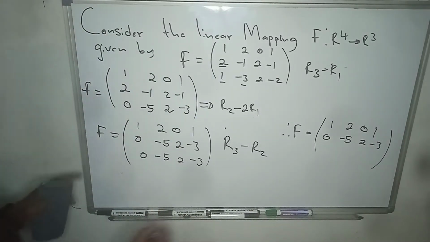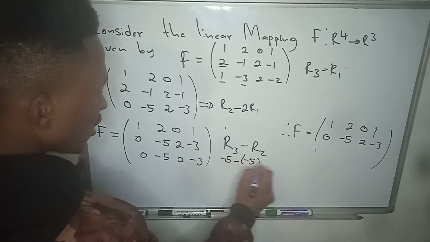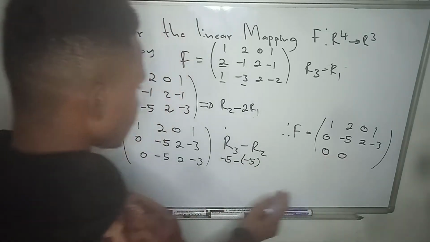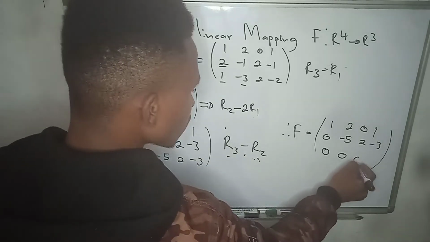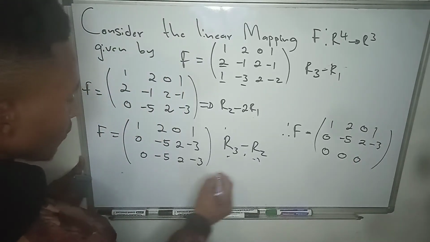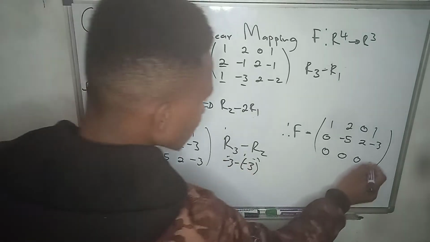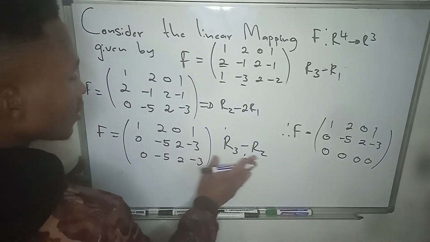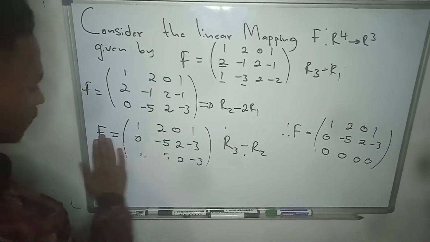This is what I'm going to do. So minus 5 minus minus 5 is actually 0. 2 minus 2 is also 0. Minus 3 minus minus 3 is also 0. So we have actually solved this one.